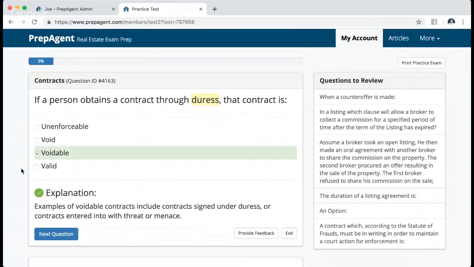So duress, that could be pressure or threats or things of that nature. If I say, buy this house, or else I'm coming to get you, sign the contract, or else you're in big trouble. Okay? Why does that not make it void? I'm sitting here threatening you. Shouldn't that make it void if you're being threatened in a violent manner? How come that's voidable?